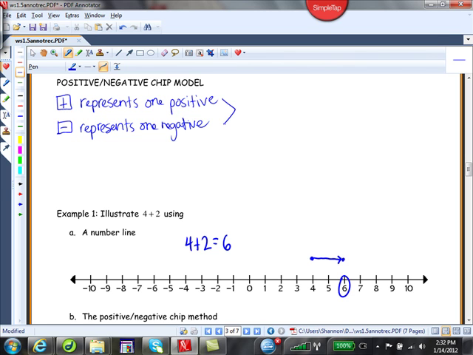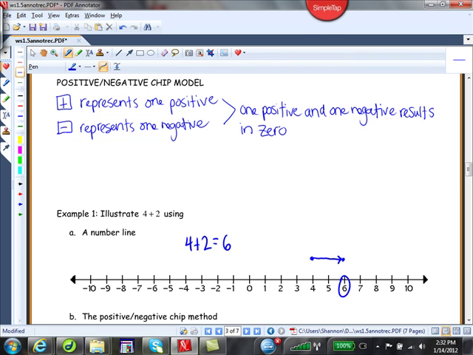And remember from what we learned on the 10 plus negative 10, one positive and one negative results in 0.